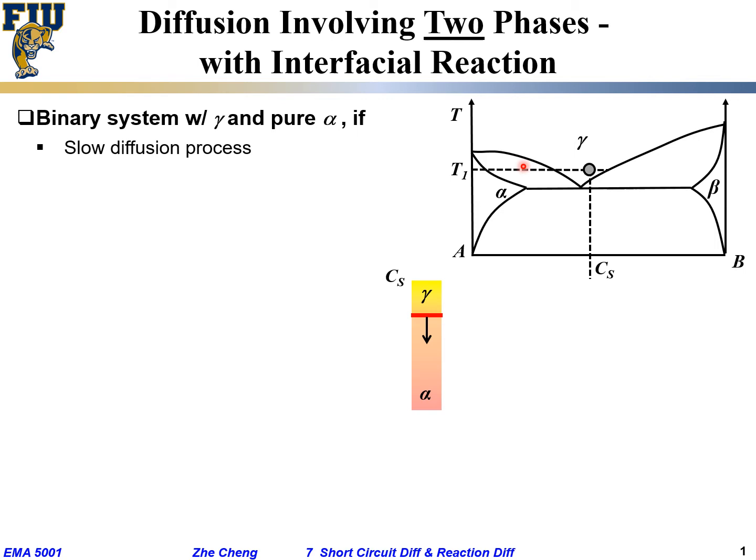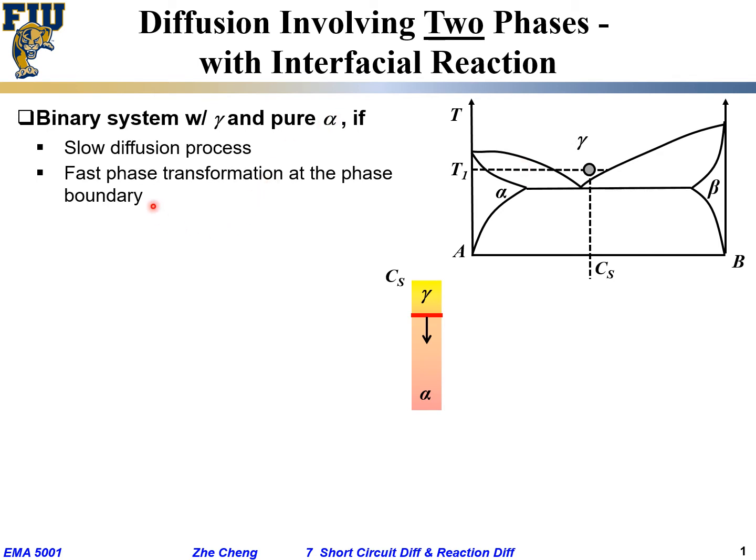We assume that under this condition at T1, the diffusion is relatively slow. Why? Because we are assuming A and B are similar size, probably a substitutional solid solution. Diffusion would be slow. On the other hand, we assume what?